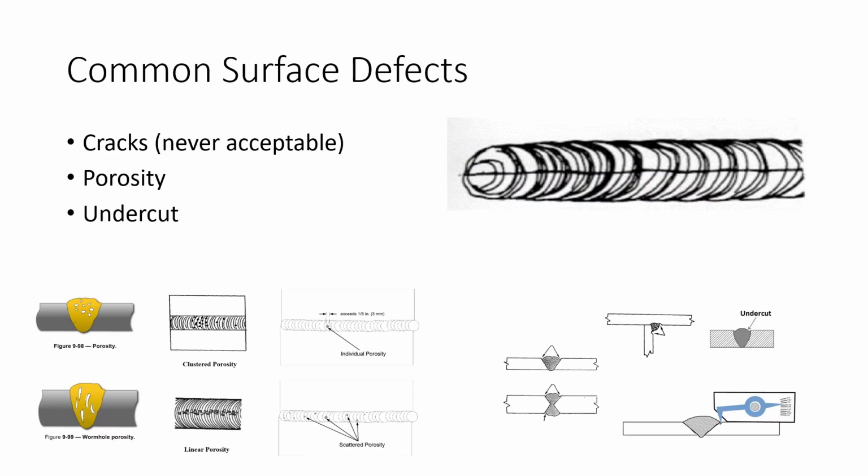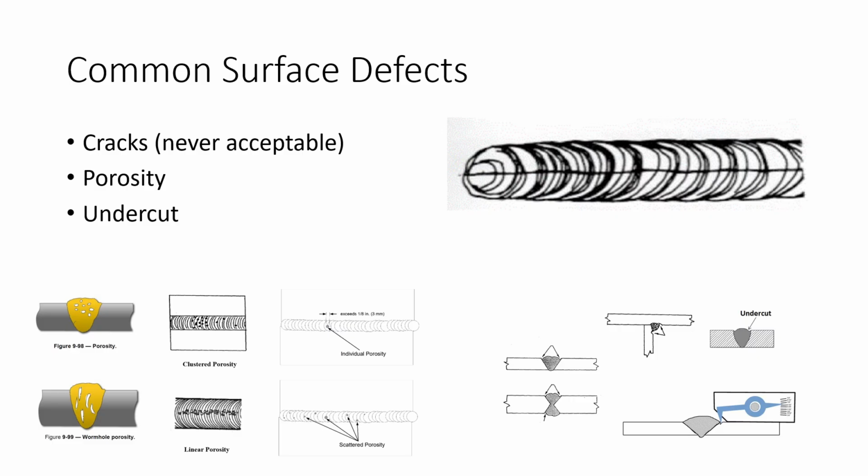Some of the defects that we can run across would be cracks. Cracks are bad. Never acceptable. Porosity, depending on which welding code you're working to, certain amounts of porosity are allowed. Some is not much. Some you can have way more. Undercut.